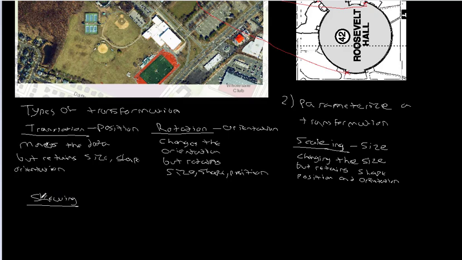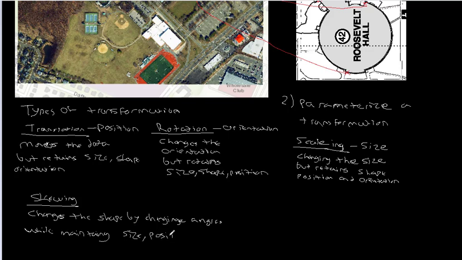What skewing does is it changes the shape by changing angles, while maintaining size, position, generally speaking, and orientation.